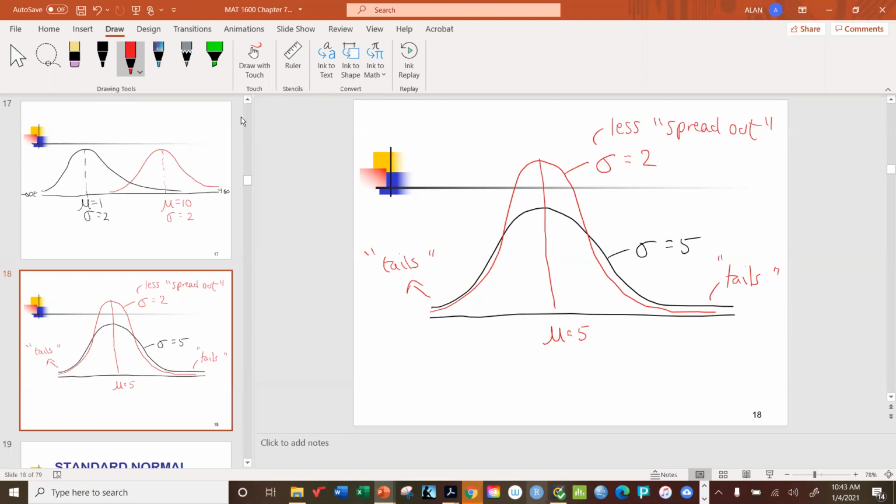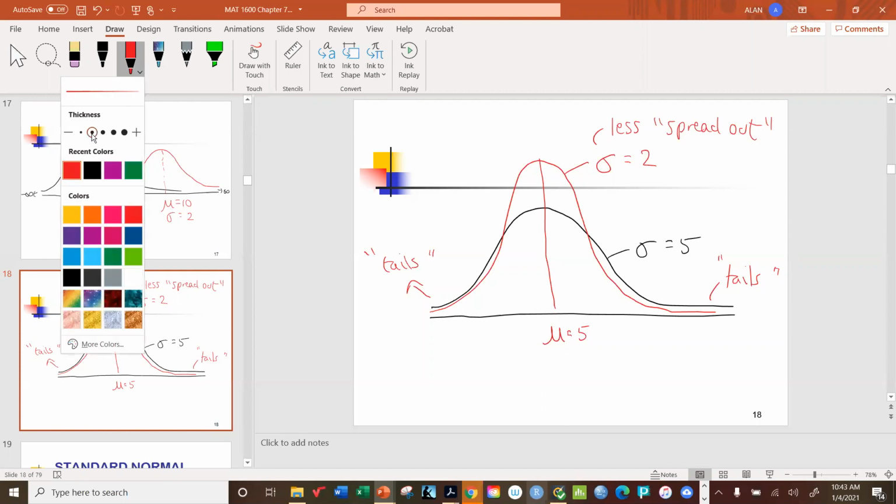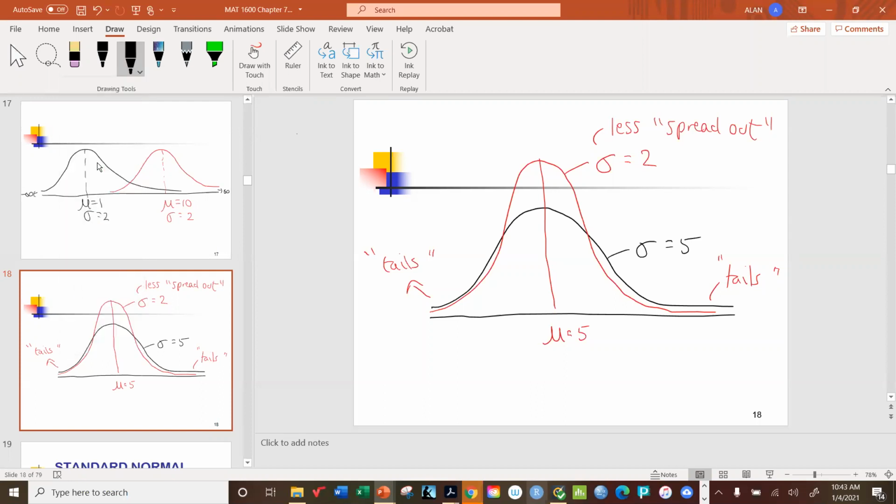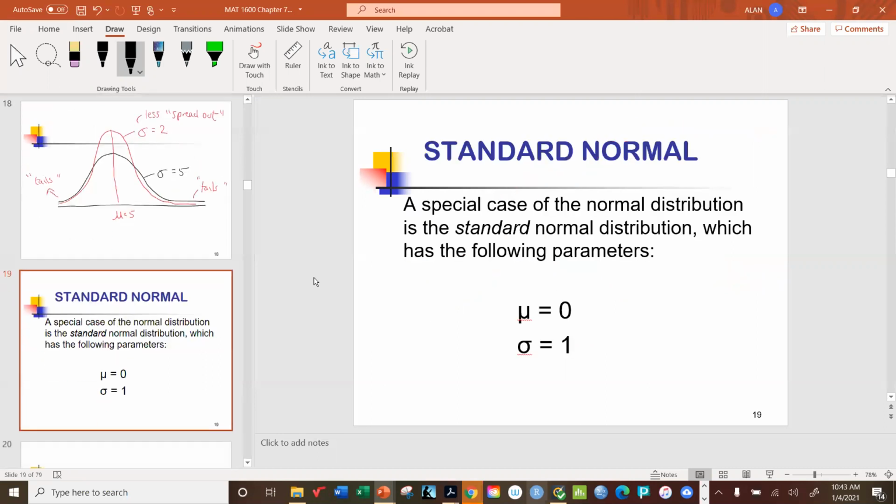Now, it turns out that there's one specific case which is the most useful and the most widely used as a result. What could that be? Well, the special case we're about to look at is referred to as the so-called standard normal distribution. And all that means is that the mean is 0 and the standard deviation is 1.